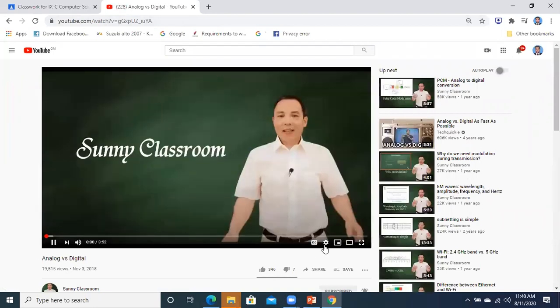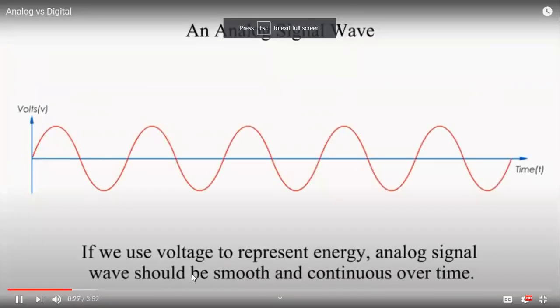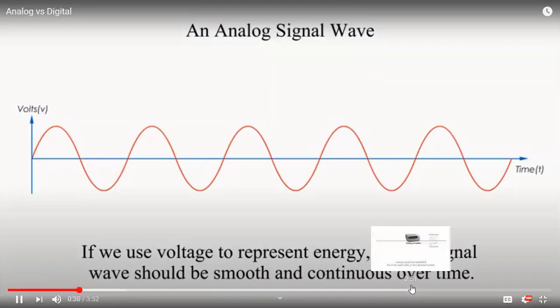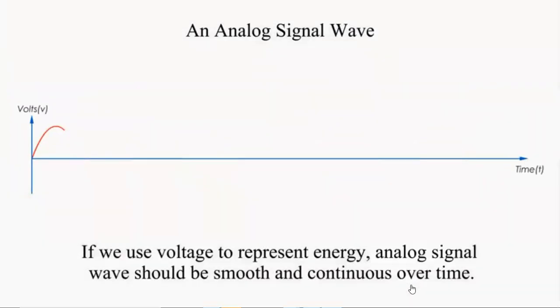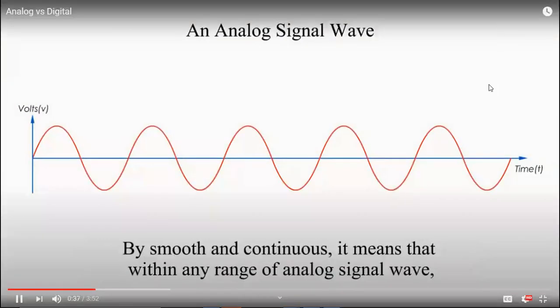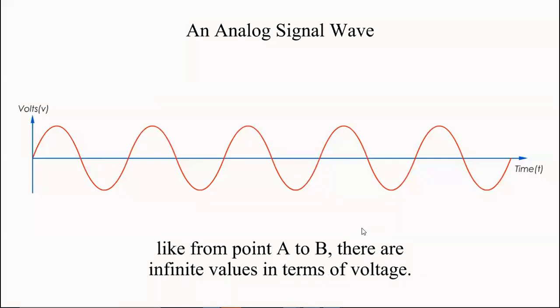Hello. Analog signals carry energy. If we use voltage to represent energy, an analog signal wave should be smooth and continuous over time. By smooth and continuous, it means that within any range of the analog signal wave, like from point A to B, there are infinite values in terms of voltage.